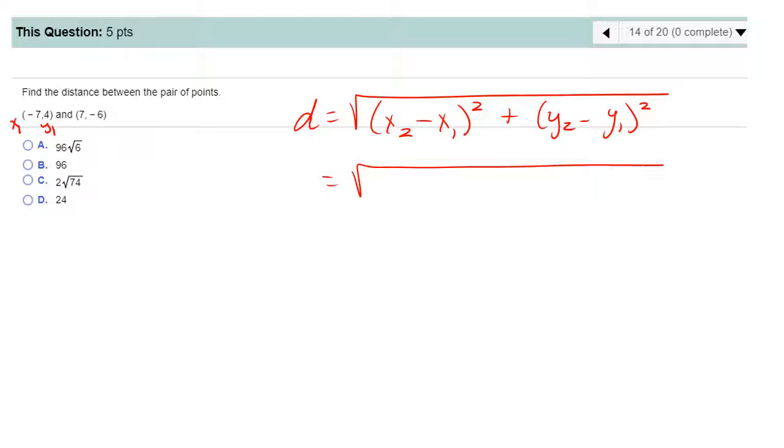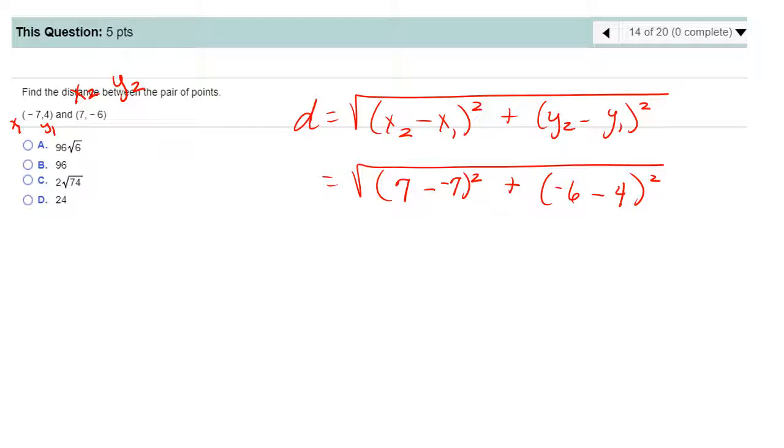In the formula then, where there's an x1, I will put a negative 7. Where there is a y1, I will put a 4. Then I will label the second point as x2, y2. So 7 will be the number for the x2, and negative 6 will be the number for the y2.